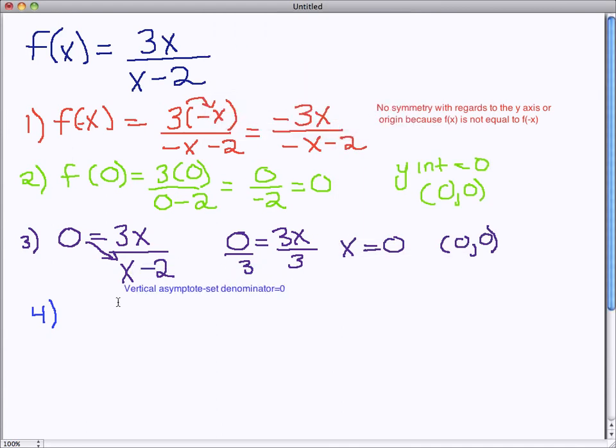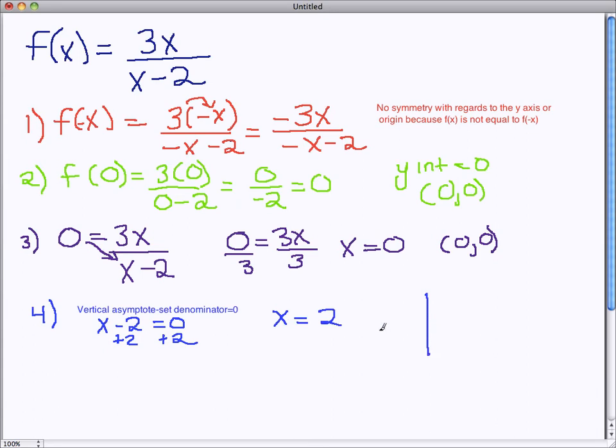Set denominator equal to 0, and our denominator is x minus 2. We're going to set that equal to 0 and solve, and get a vertical asymptote of x equals 2, which means if you can imagine a graph, x equals 2 might be somewhere about here. There's an imaginary vertical line that the graph will not cross at x equals 2. It will approach it, but it will never cross that kind of boundary point.